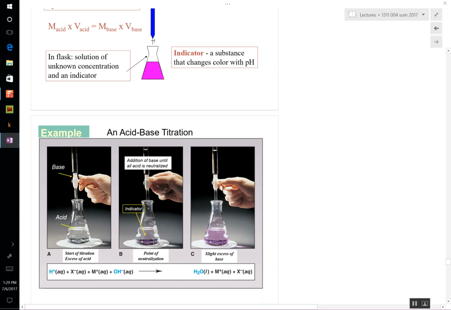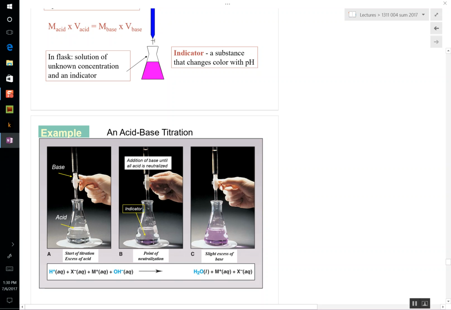So what do we have here? We got this equation. This is our unknown. So the molarity of the acid is equal to the molarity of the base times the volume of the base divided by the volume of the acid: 0.1397 molar sodium hydroxide times the volume, 21.50 milliliters, and you pipetted 10 milliliters of acid into there.